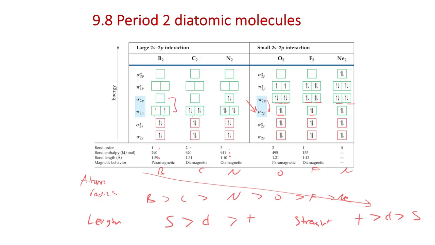Then you can see this trend invert with oxygen. O is smaller than nitrogen as an atom, but the O2 bond length is longer than the N2 bond length because we go back to being a double bond.